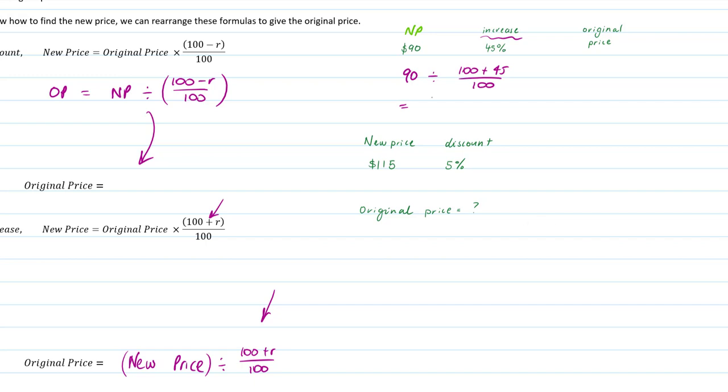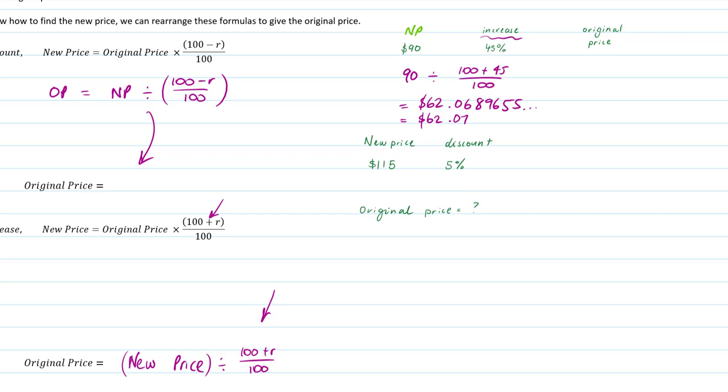And I get $62.0689655 and on, and that equals approximately $62.07. So 62.07 is the original price, and then a 45% increase on that gives me $90.